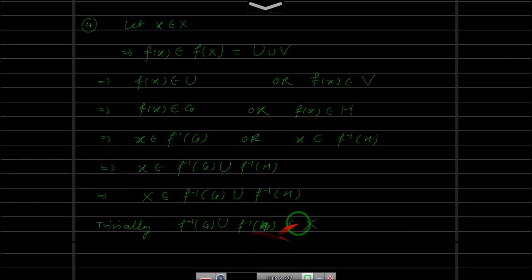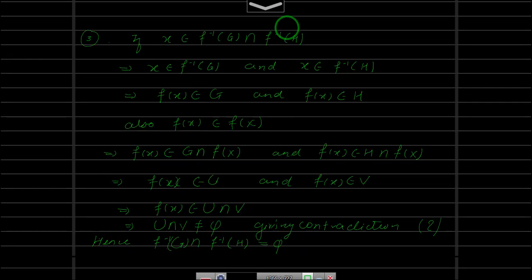Because f is a function from X to Y, we have taken subsets of Y, so the inverse image will be a subset of X, right? So from these two points this implies f inverse of G union f inverse of H is equal to the whole of X.